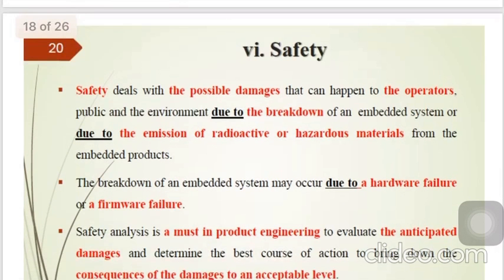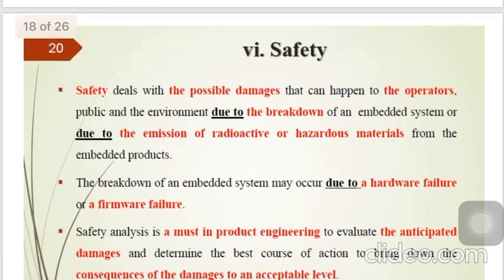If they are properly documented, by reading them, anyone who is buying that particular embedded system will know about it properly, and can decide which one to go for, how much to rely on that system, and what attributes it is providing.